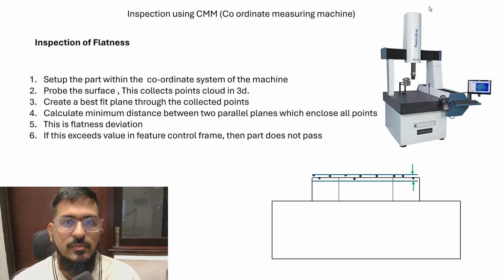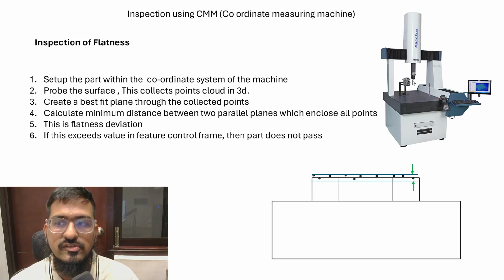Basically, a coordinate measuring machine has a probe as shown, and this probe moves around in 3D space. A 3D space is constructed, where the physical 3D space is converted into a digital 3D space, which is shown here on this display. And this probe is used to plot points in the 3D space. Based on those points, we know whether a surface or feature is within spec or not.